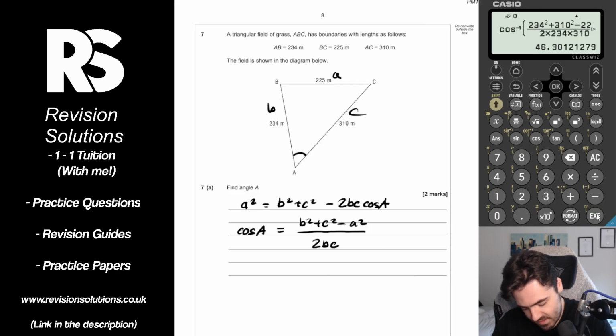So that gives us angle A to be 46, actually let's do it to three significant figures, so 46.3 degrees to three significant figures.